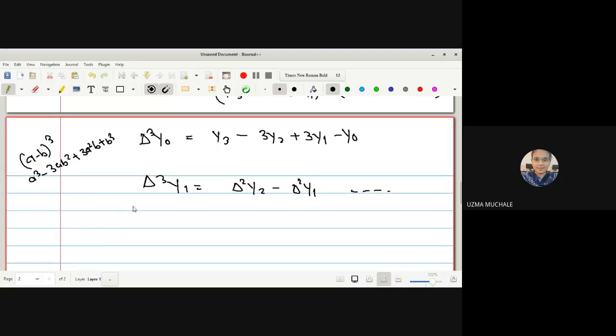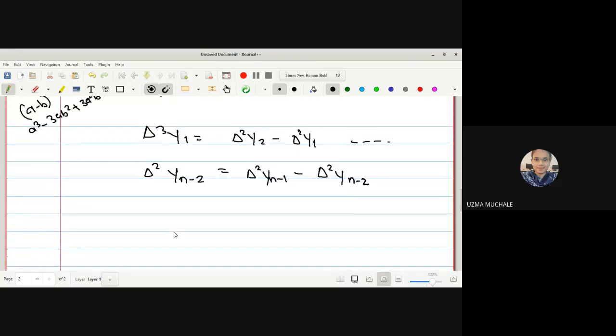The general formula we can write as: delta cube yn minus 2 can be written as delta square yn minus 1 minus delta square yn minus 2. Okay, sorry, delta cube it should be.